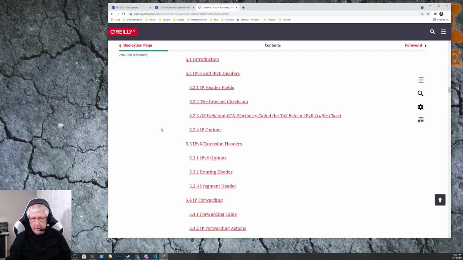I'm really torn about 5.2.4, the IP options section. I think what I'm going to suggest is to read the first little bit of it to understand what IP options actually are, because it's an important concept. Most protocols have some way built in to expand the protocol.